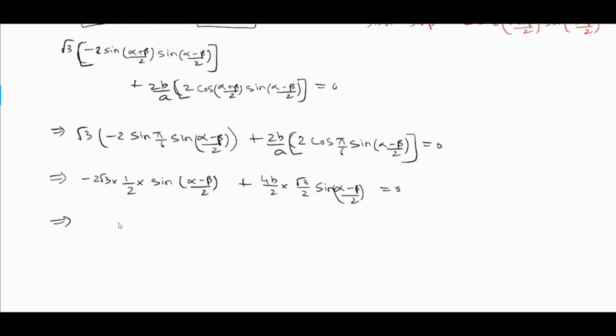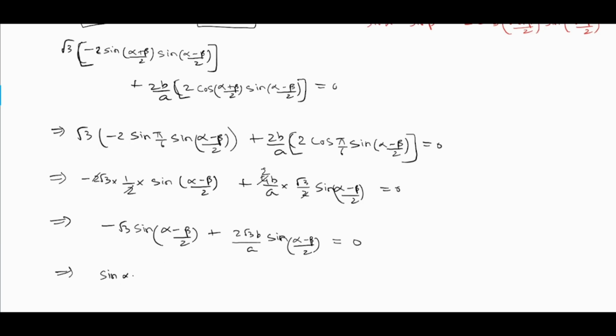Now simplifying this, we have minus root 3, oh sorry, b by a, right? B by a, and this would go 2 times, so 2 root 3 b by a that side, minus root 3 sine alpha minus beta by 2. So this will get cancelled, and we have 2 root 3 b by a sine alpha minus beta by 2 equals 0.